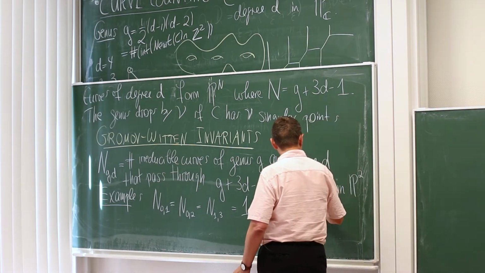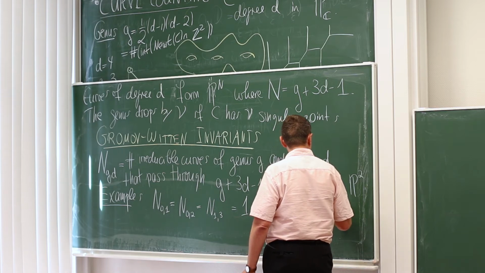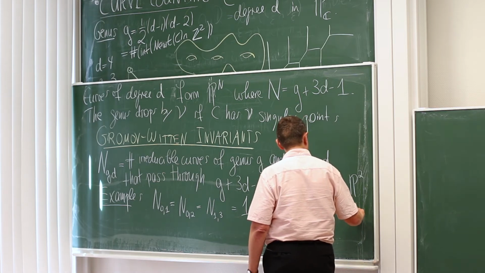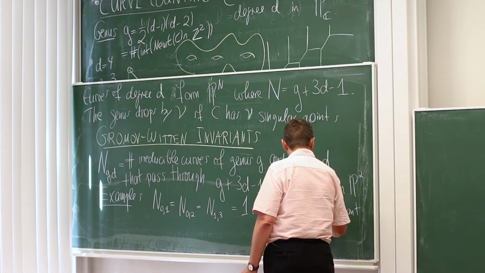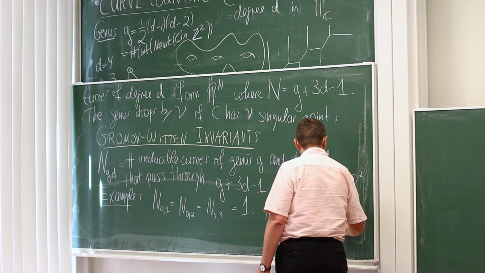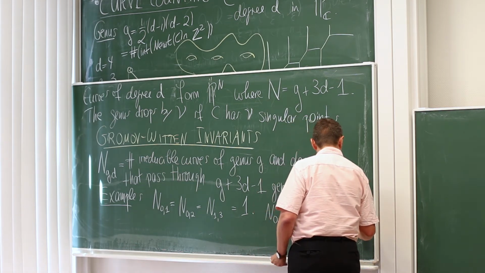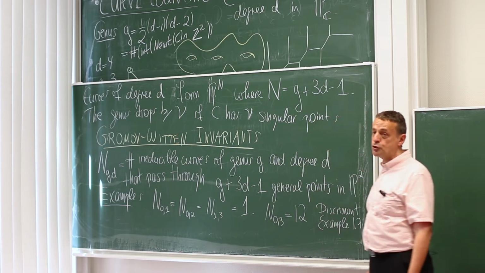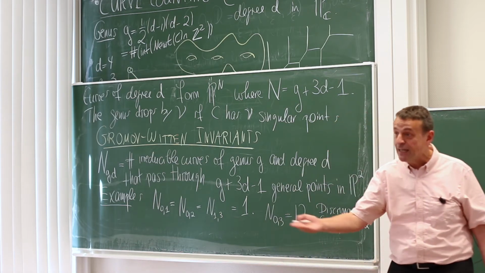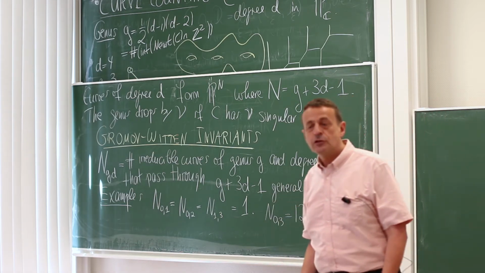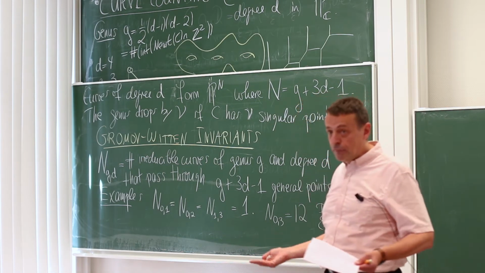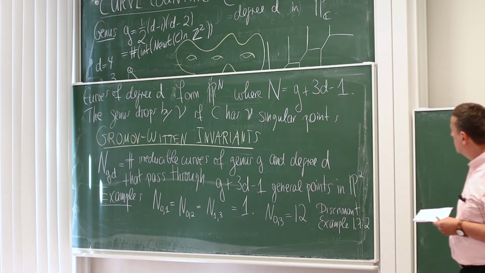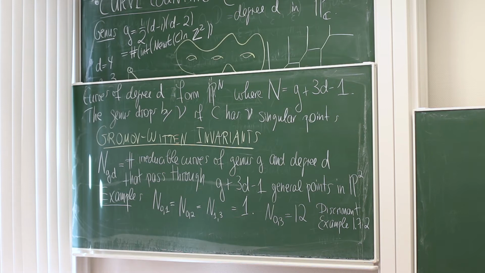And you can see this nicely algebraically because this 12 is the degree of the discriminant that you can look at quite explicitly in example 172. The discriminant of a plane cubic curve is a polynomial of degree 12 in the 10 coefficients of a plane cubic.